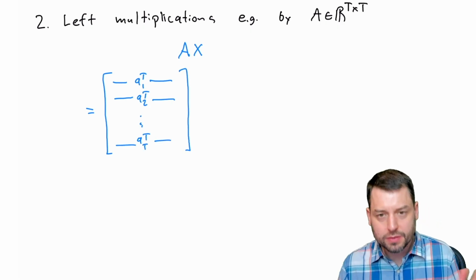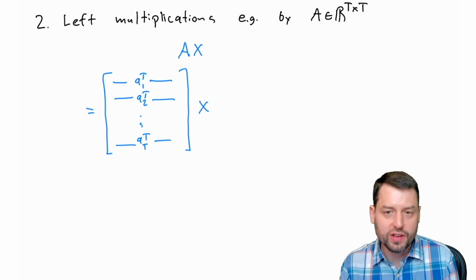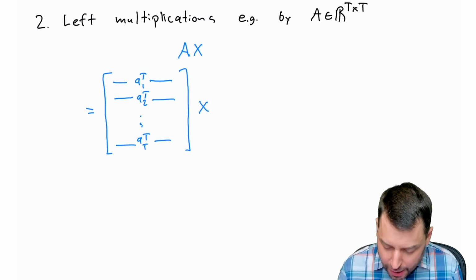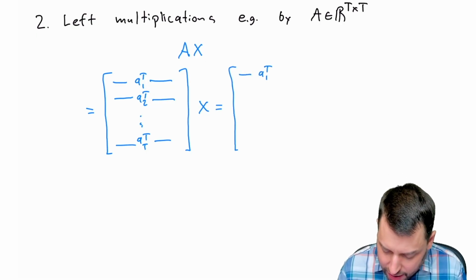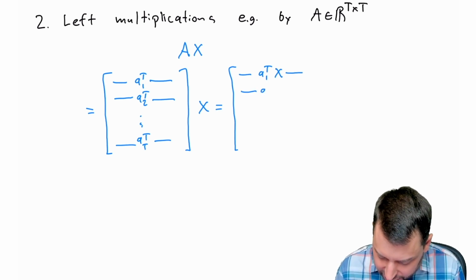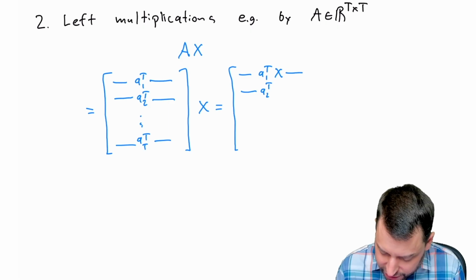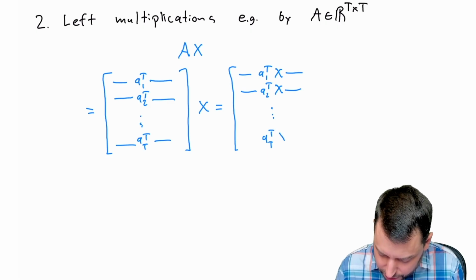These are just elements of the matrix A. I'm going to multiply this by the whole matrix X. And what this gives, given a similar way of writing matrix multiplication, is the whole first row of A times X, and then the whole second row of A times X, etc., all the way down to A_T transpose times X.